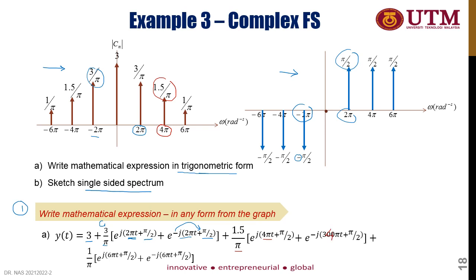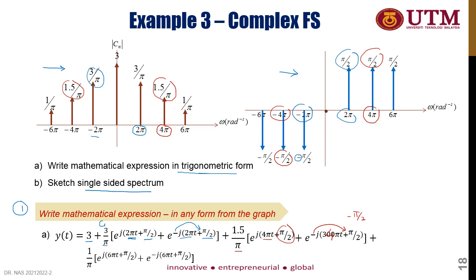Same magnitude for the second one, and then look at the phase. At positive frequency it is positive pi over 2, and at negative frequency it is negative pi over 2.